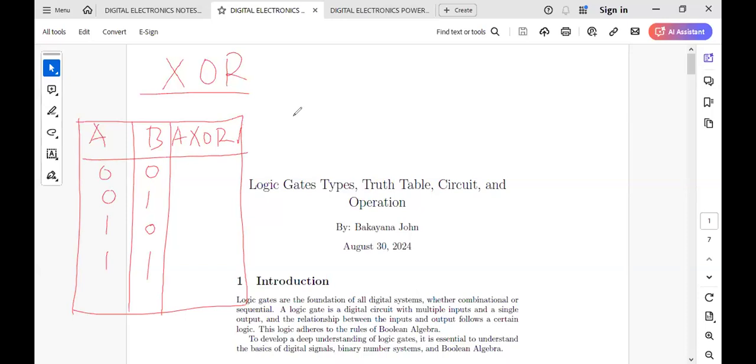So what this one does is that it outputs a 1 for as long as the inputs are different, and outputs a 0 for as long as the inputs are the same.